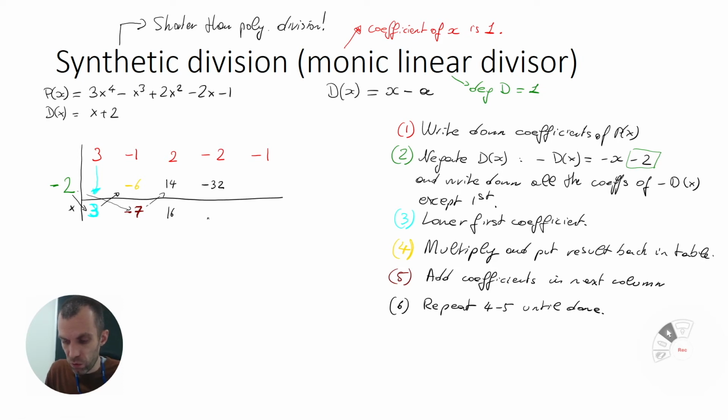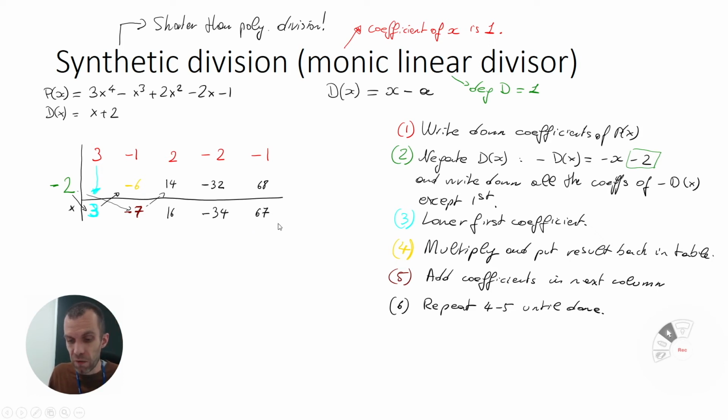We add the two coefficients together to get minus 34. Minus 2 times minus 34 is 68. Adding them together gives 67. If you're very careful, you'll notice here already the coefficients of the quotient and the remainder that we had from polynomial division. So we're done with our synthetic division.